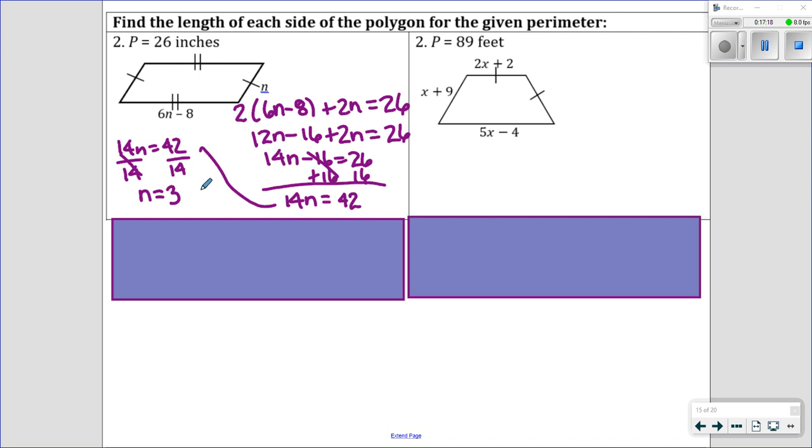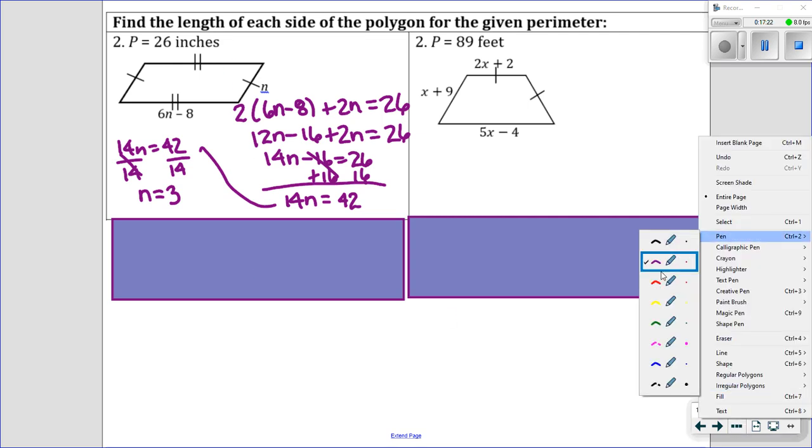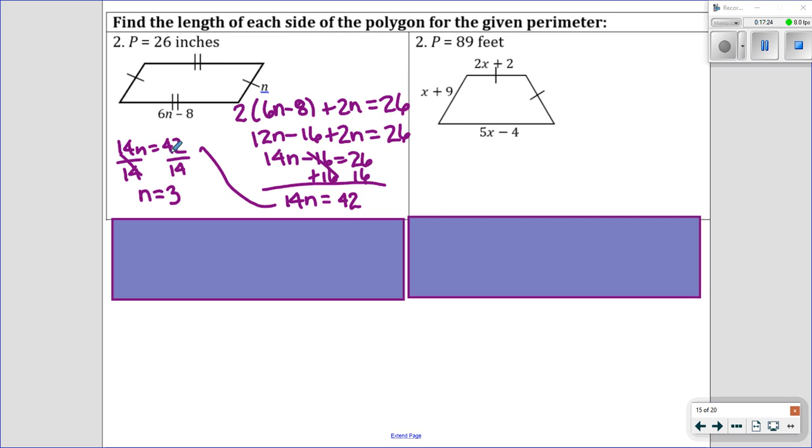And then they want you to find the sides. So I'm going to use another color for the sides. I'm going to plug it in. I know this side is n equals 3. And then 6n minus 8, I'm going to plug it in. That gives me 18 minus 8, and then that gives me 10.